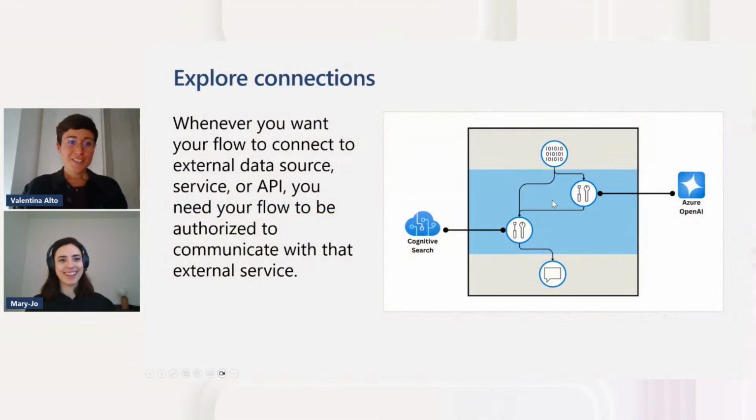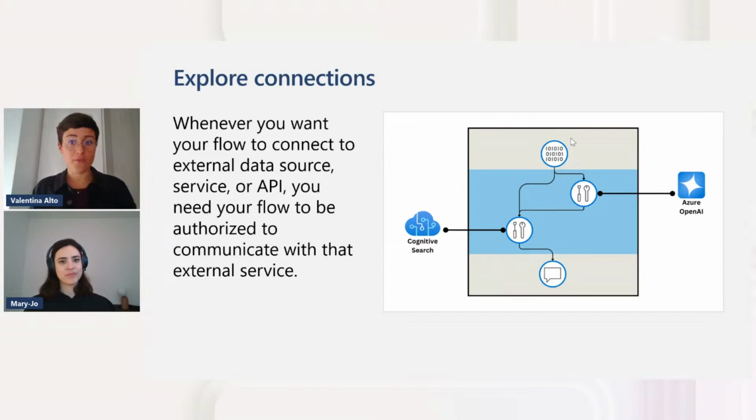Yes, exactly. So let's talk about connections. Prompt Flow is amazing, but without connections, it's not really useful. So we need some APIs, just to give you the proper name, in order to communicate with external systems.